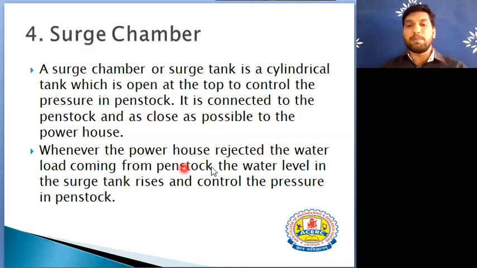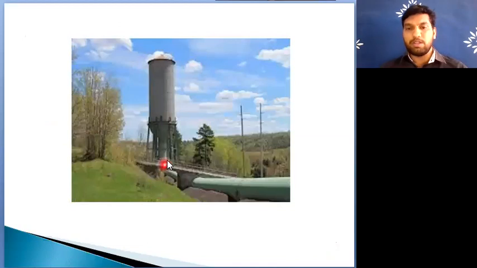Whenever the powerhouse rejects the water load coming from the penstock, the water level in the surge tank rises, which controls the pressure in the penstock. So there will be no burst of the penstock if we have provided an appropriately sized surge chamber in the penstock. This is the image of a surge chamber constructed in between the penstock, where the water level rises if there is sudden closing of the control gate or control valve in the turbine.